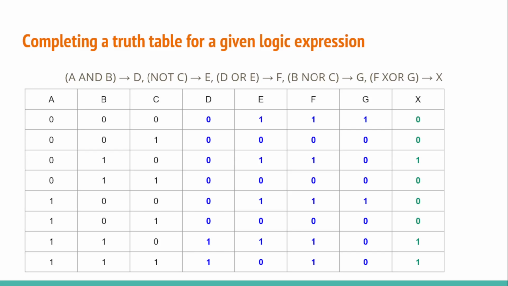Or if both inputs are zeros, then the output is also 0. Otherwise, we have the output to be 1. And this particular table reflects on the last column the XOR gate, which combines the inputs F and G.